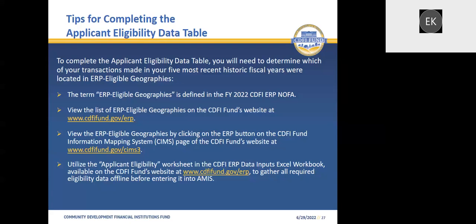And finally, utilize the Applicant Eligibility Worksheet and the CDFI ERP Data Inputs Excel Workbook, available on the CDFI Fund's website at www.cdfifund.gov/ERP to gather all required eligibility data offline before entering it into AMIS.